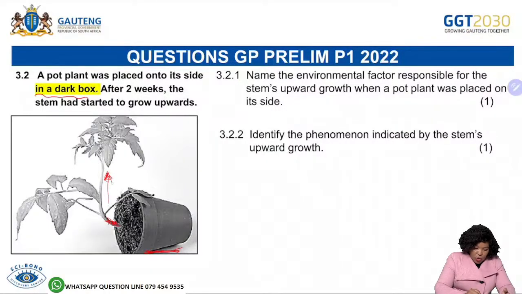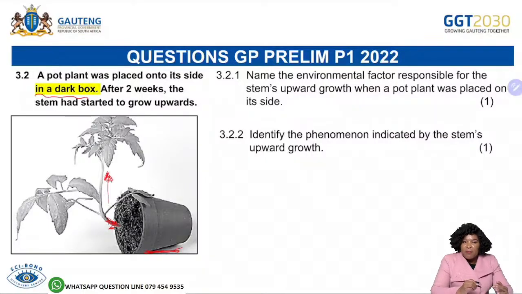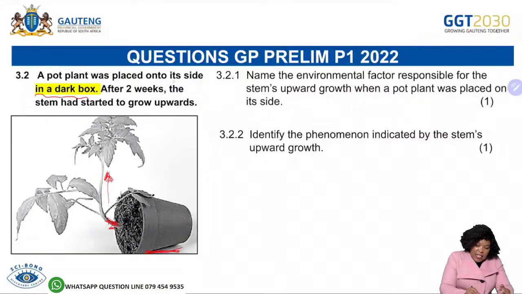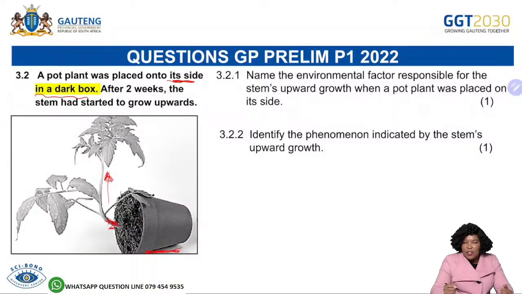Suki just told you how auxins move to the lower part of the stem when gravity is at play. So in this case, you know that gravity is at play because this plant is put on its side. When it's on its side, there is a part that will be at the bottom. So if there's a part at the bottom and top, gravity is going to pull the auxins to the bottom side.